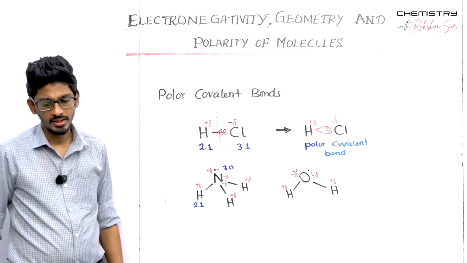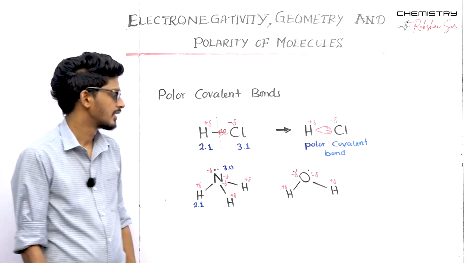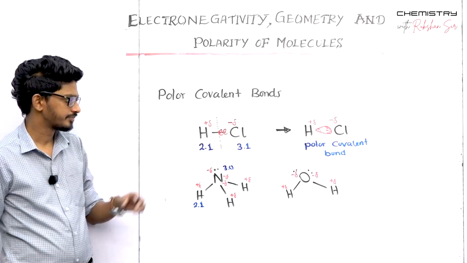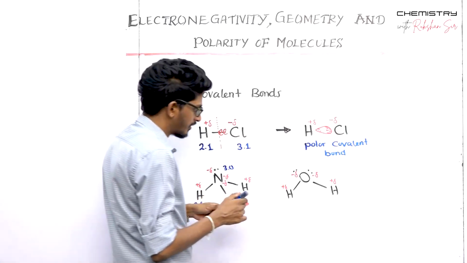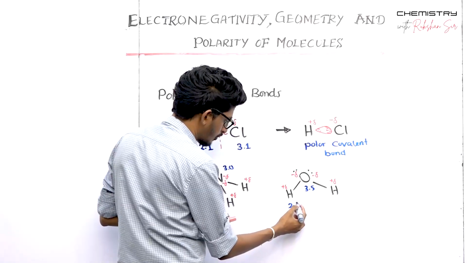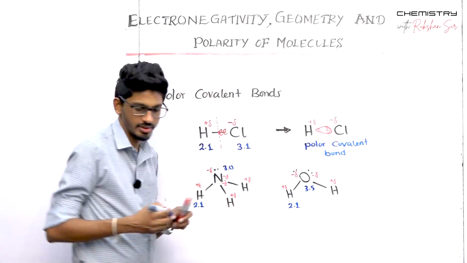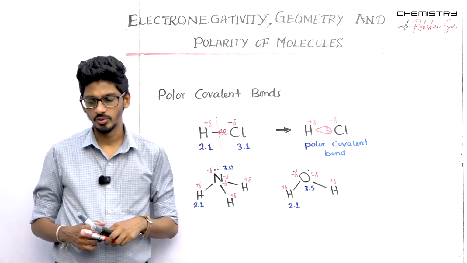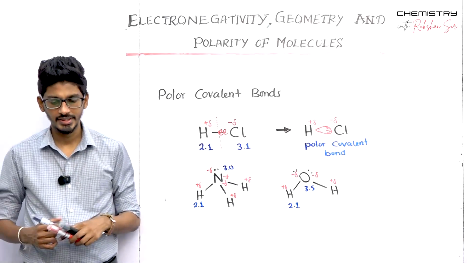That is how polar covalent bonds are marked. Here oxygen has an electronegativity of 3.5 and hydrogen 2.1. That is why the polarity appears like this. These are referred to as polar covalent bonds.